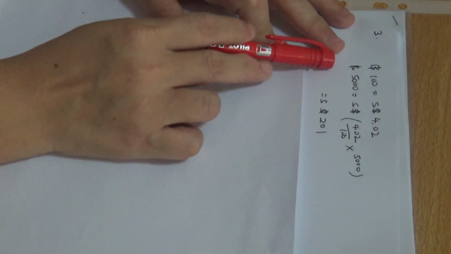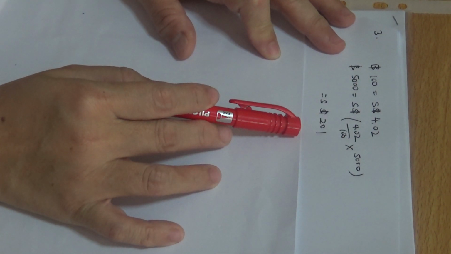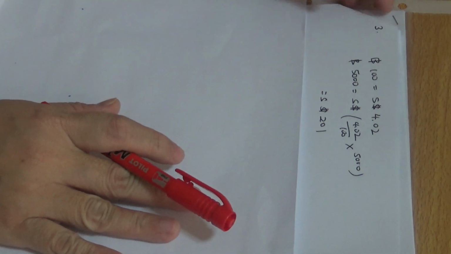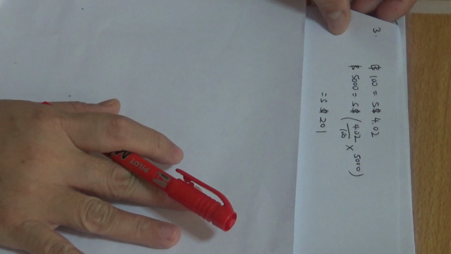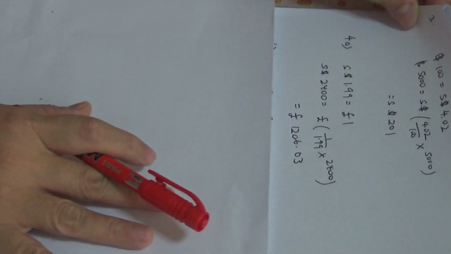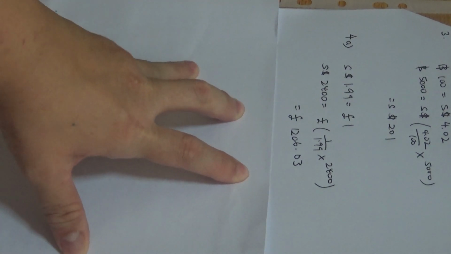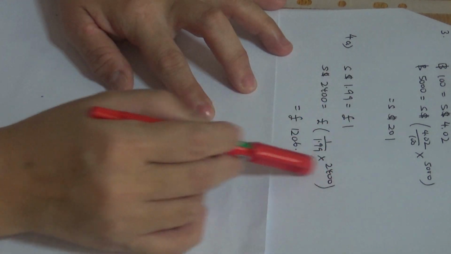Then Thai baht 5,000, use the same method, you will get Singapore dollar 201. Okay, now for question number 4. Okay, 4A. If you line up properly and use the same method, you will get this answer. Okay, this over this times this.